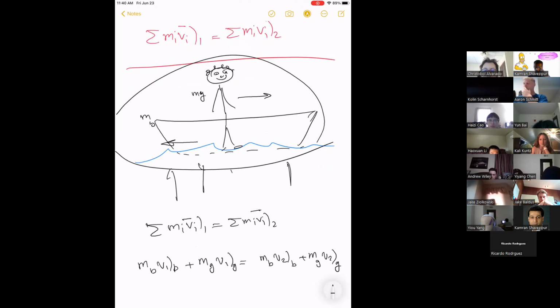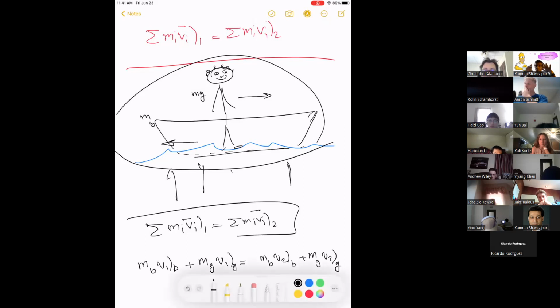No external force. Remember, the boat on the water is almost frictionless unless you have high speed. So at low speed, there's no external force. So you have this now. At the beginning, when you stand on the boat, what happens?